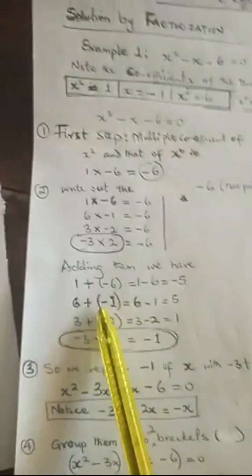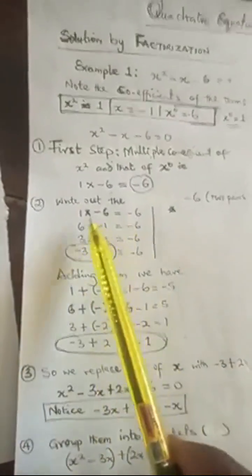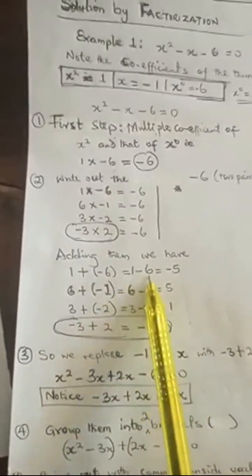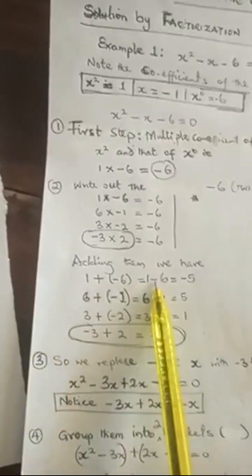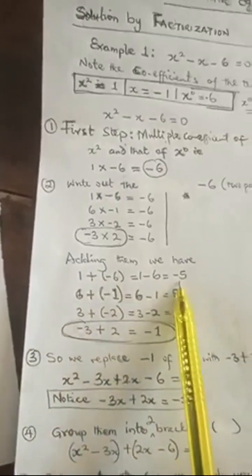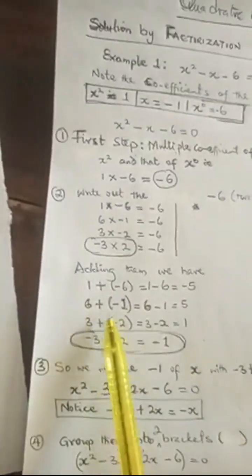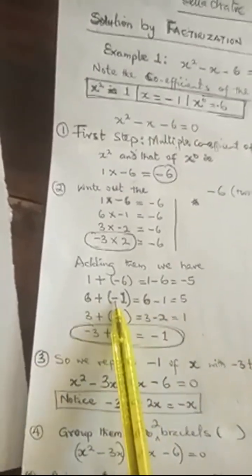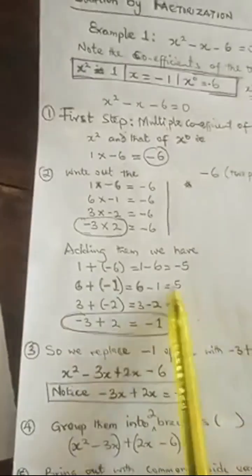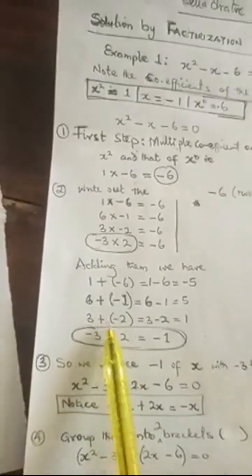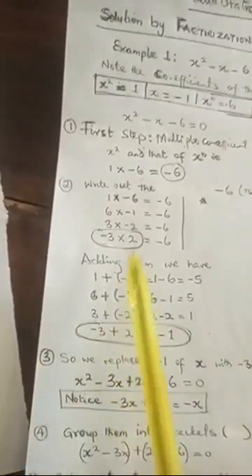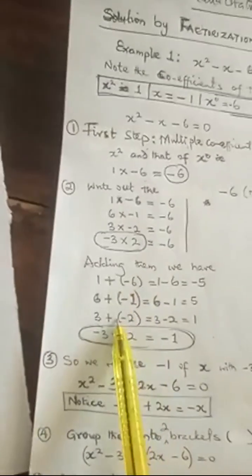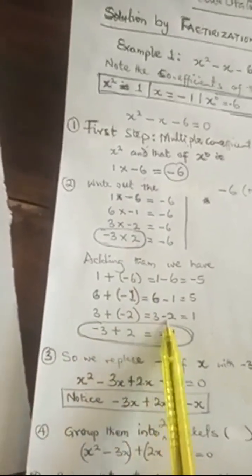Adding them, we have 1 plus minus 6, and that gives me 1 minus 6, because plus times minus will give you minus. So you have minus 5. 6 plus minus 1 is 6 minus 1, which gives you 5. 3 plus minus 2 is 3 minus 2, which is 1.